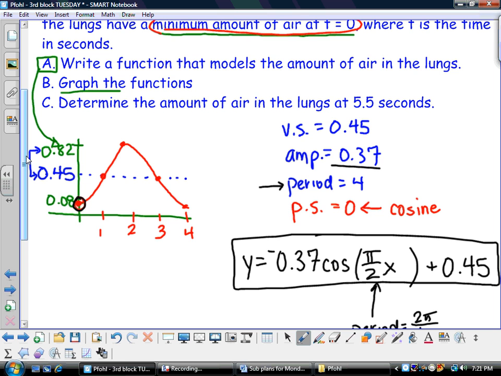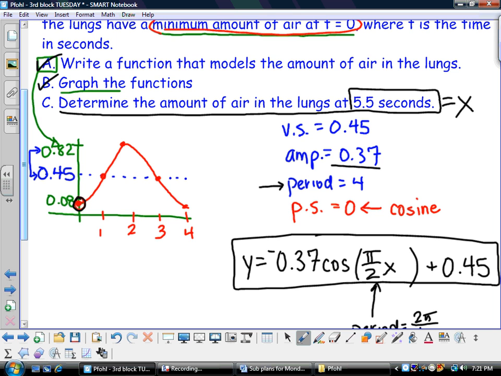That's part A in the example. We graphed the function, that's part B. Part C, determine the amount of air in the lungs at 5.5 seconds. 5.5 seconds is an x value, so we're going to plug that in for x and figure out what we get for y. y would be the amount of air in the lungs.